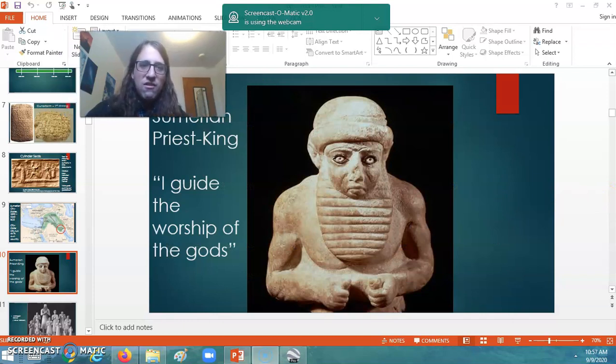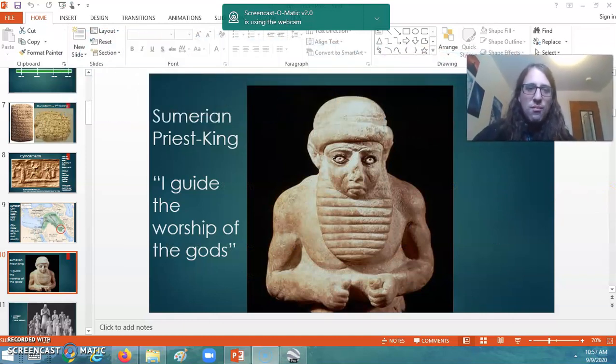In ancient Sumeria, you have the priest kings as a very common way of being a king. So first thing about priest kings is that they always have a very similar sort of style of self-presentation. For instance, they usually depict themselves as having a beard that looks kind of weird to us.